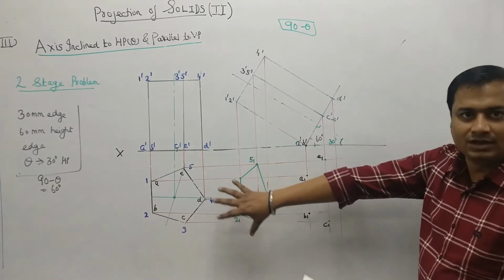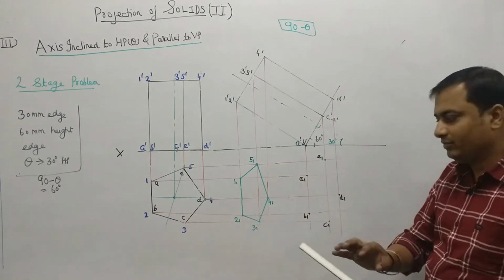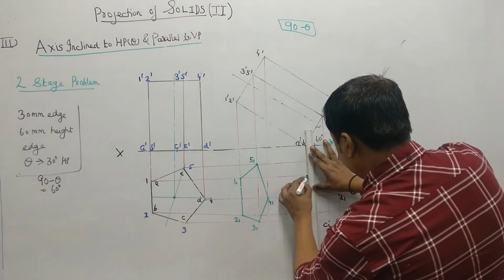So I have joined all the 5 points. I have got one small pentagon. Again, I will be joining the other 5 here also.